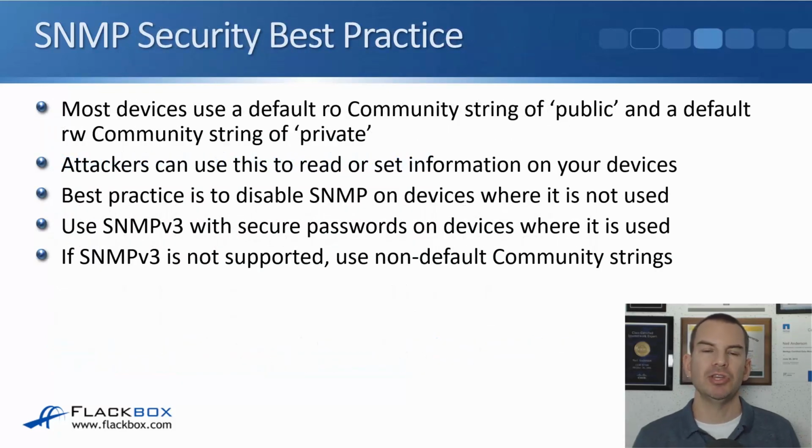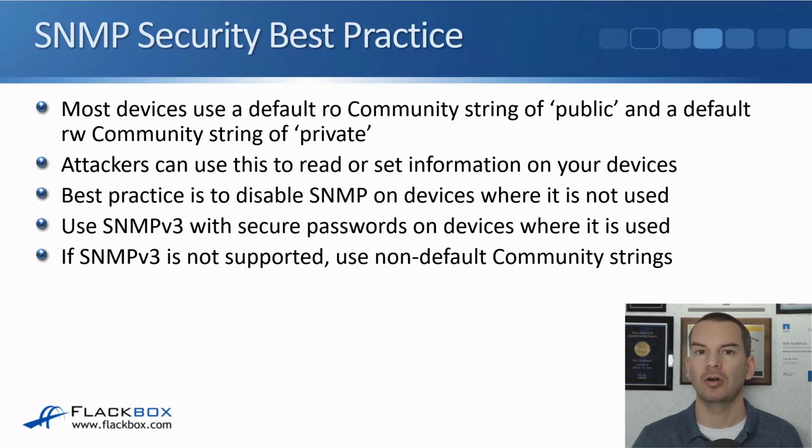Okay, last thing to tell you here is some SNMP security best practice. We said before that SNMP is an open standard. It's supported by nearly all vendors' devices. Most devices will use a default read-only community string of public and a default read-write community string of private. And attackers can use this to read or set information on your devices.